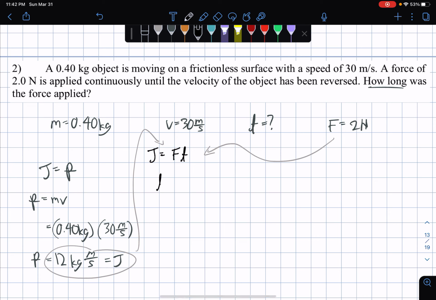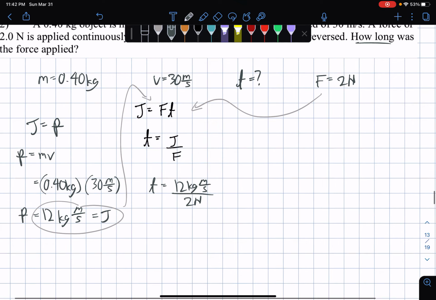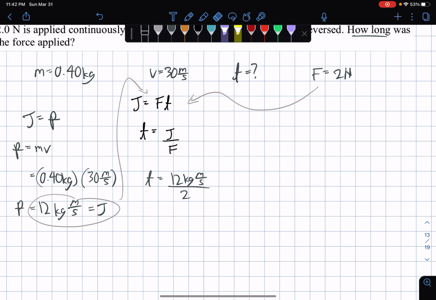Anyways, we have to calibrate first the formula to our own liking. Here it is: 12 kilograms meters per second over force. Force is 2 newtons. How do you write force in another way? It could be written as kilograms times meters per second squared. And it makes sense.